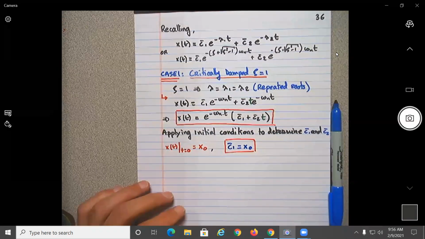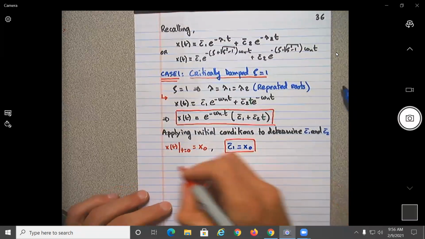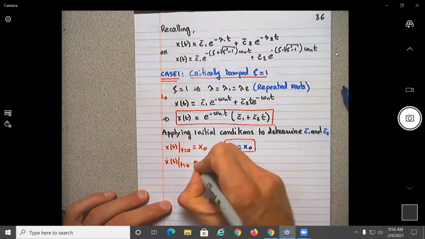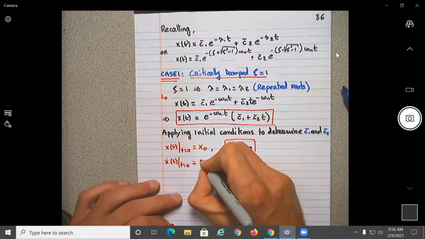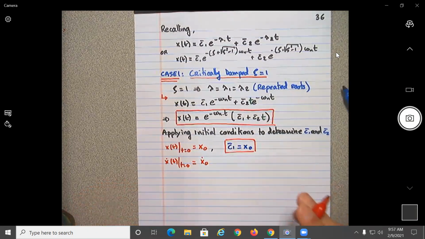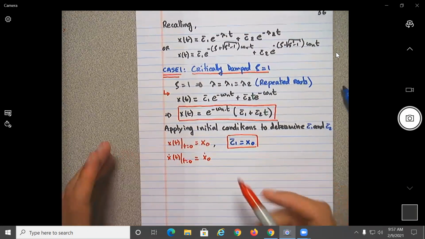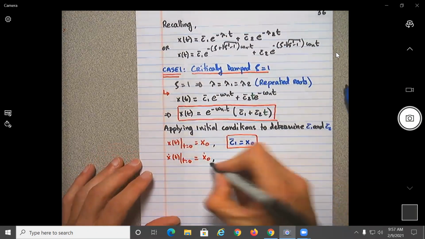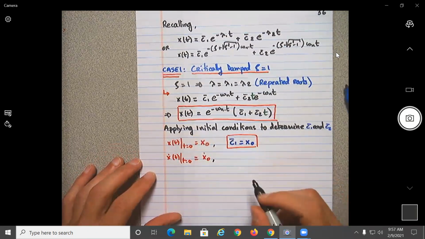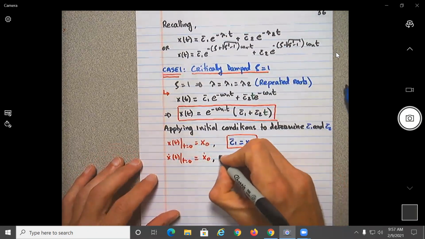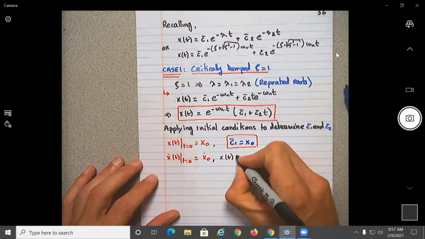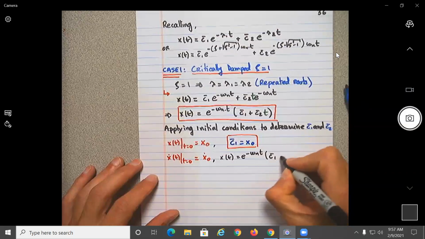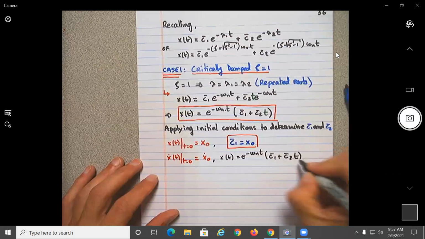Now, our second condition is to know the velocity. So we know x dot of t at t equals 0 will be equal to x dot 0. We can just call it v naught, but let's just say x dot 0. In this case, we need to be a little bit more careful. What do we know? We know x of t. Let me write it here. x of t is exponential of minus omega n t times c1 plus c2 t.